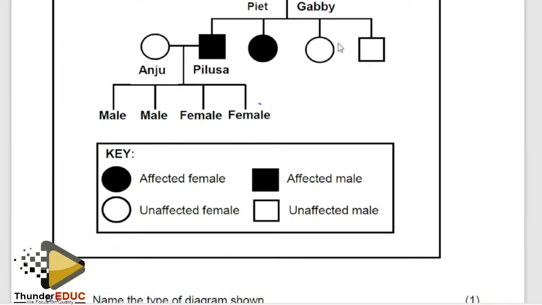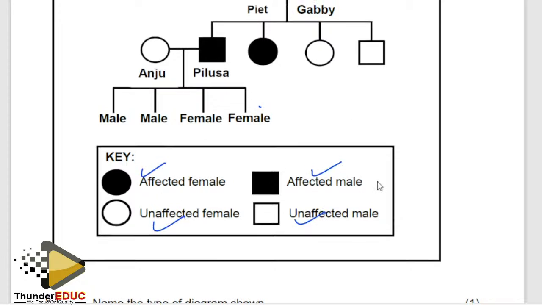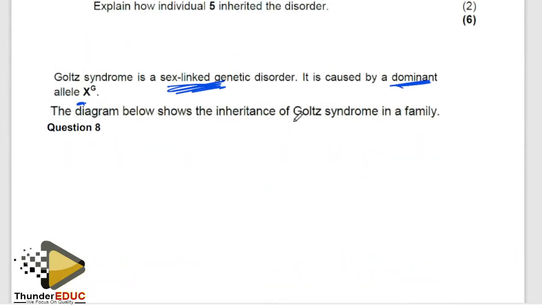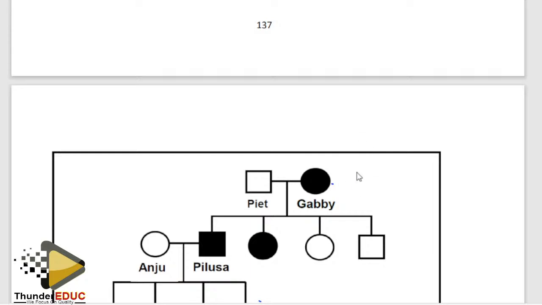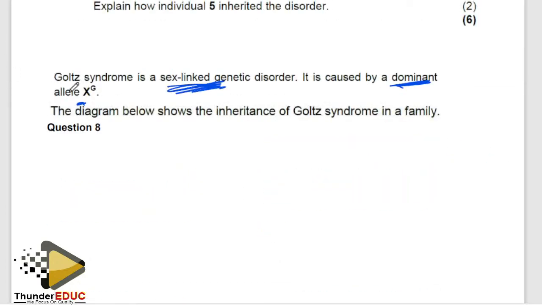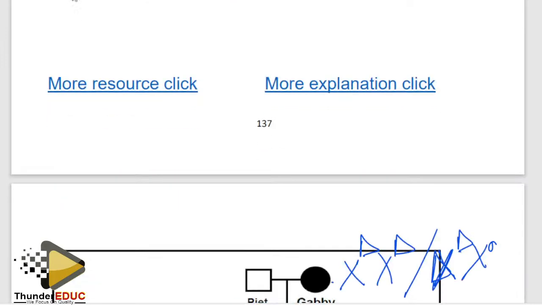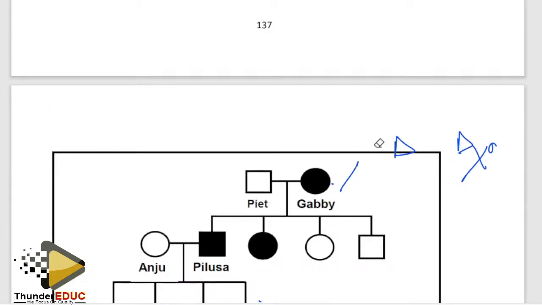Remember, now they're saying that this is affected, and this is also affected, this is unaffected. But don't forget that this syndrome is caused by a dominant allele. Therefore, these people who are affected are going to have the dominant allele, capital D. Sorry, X, capital D, X. Is it capital D? No. They used G. Sorry, guys. They used G. Please use the letter they have given you. Don't just use what you think is correct.